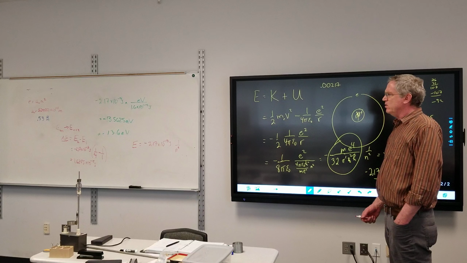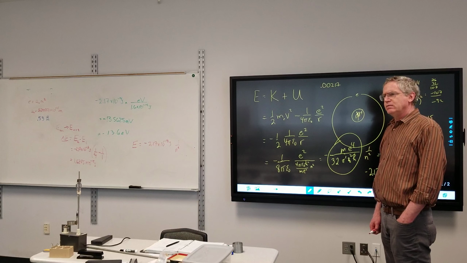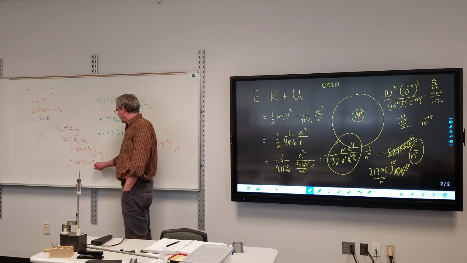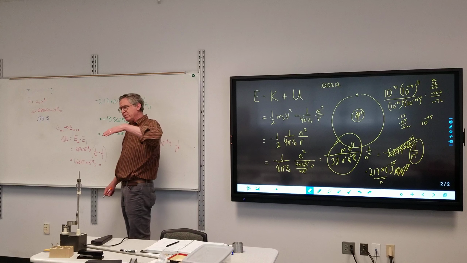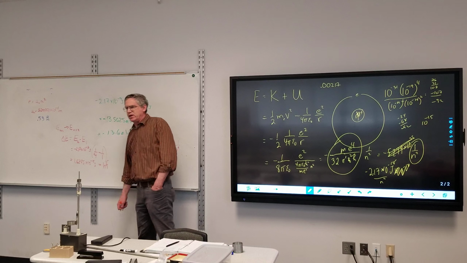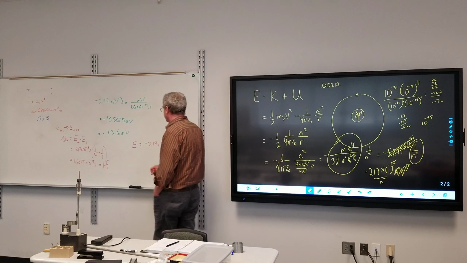So, if that's the amount of energy, what is the frequency of light that would produce that? Well, I know the energy of the electromagnetic wave is just hf, Planck's constant times the frequency. We can solve for the frequency.